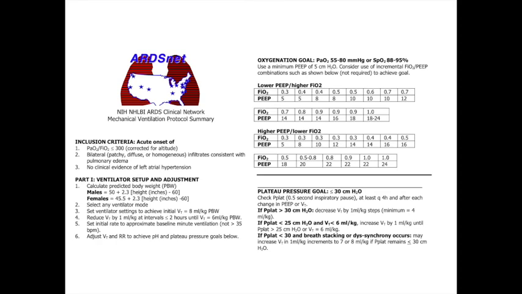Here's the ARDS protocol, and I recommend using the high PEEP ladder. This dictates what PEEP to use for a given FiO2 when you're trying to achieve a PaO2 of 55 to 80 or an oxygen saturation of 88 to 95%.